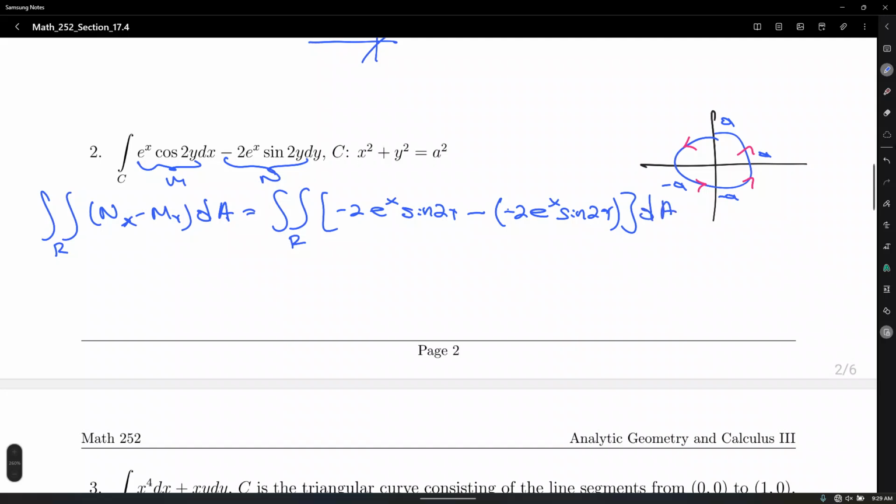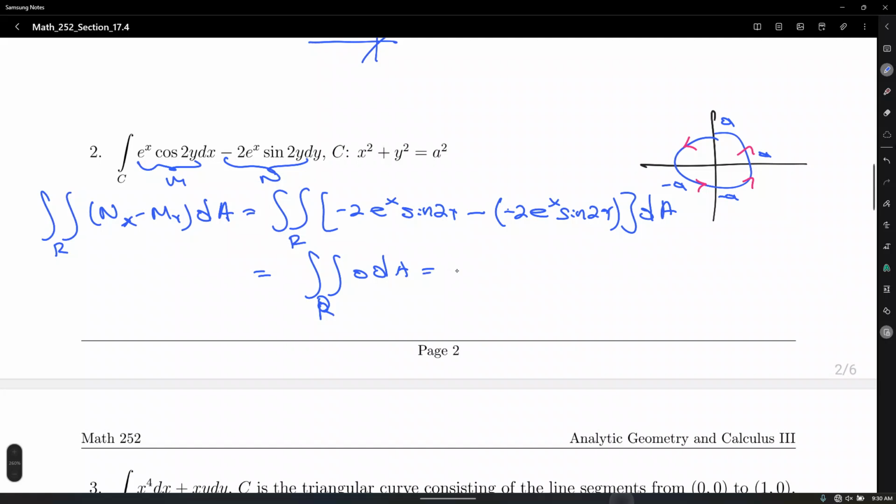What do we get for the integrand? For the integrand, over this side, 0. Okay, what's the double integral of 0 dA over the region R?